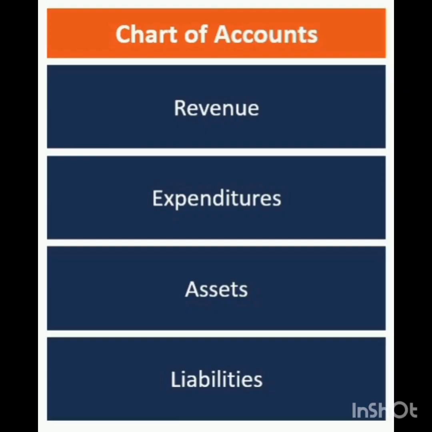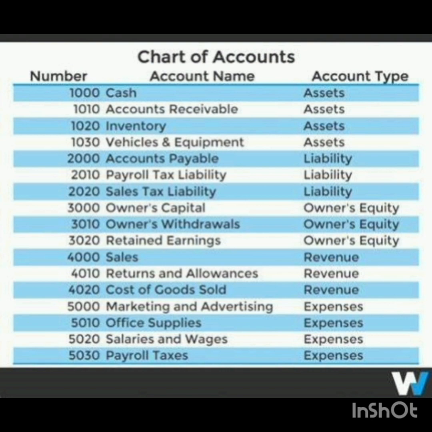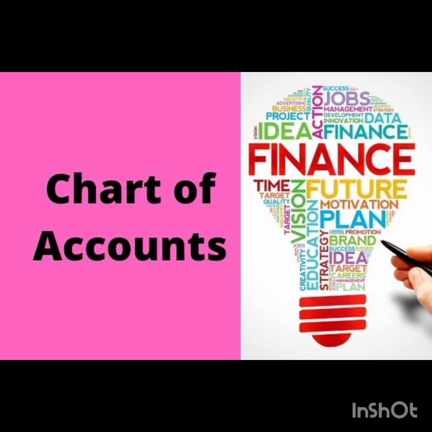Now go to liabilities. Assets is finished. Now go to liabilities. Company accrued liabilities, accounts payable, notes payable. This is liabilities.